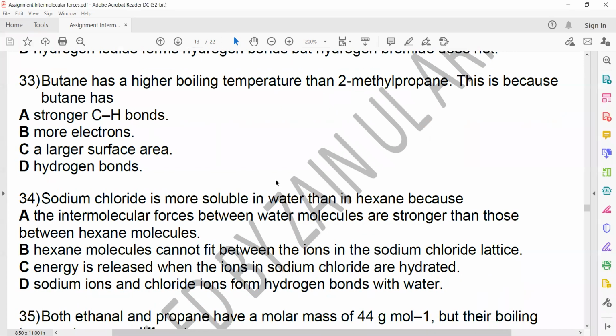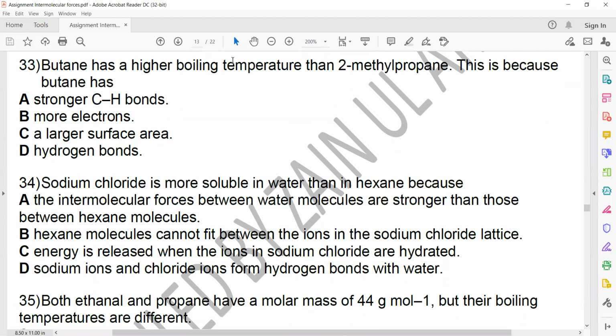In question 33, butane has a higher boiling temperature than 2-methyl propane. This is because butane is a straight chain, whereas 2-methyl propane is a branch, so butane will have a large surface area, that's why it will have a higher boiling point.